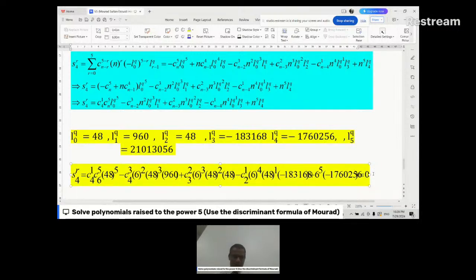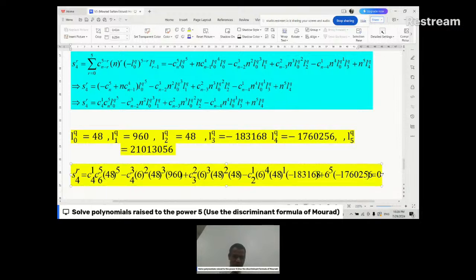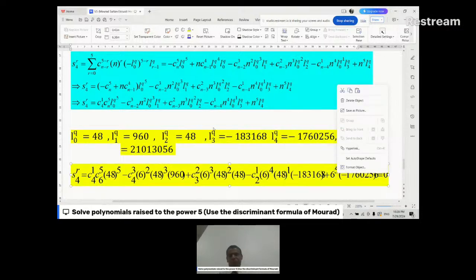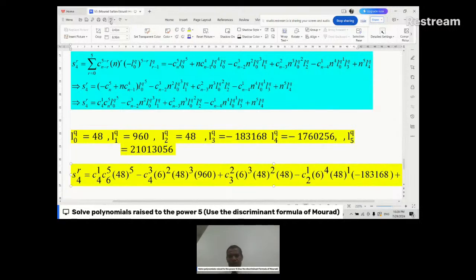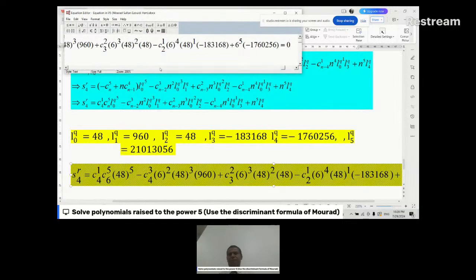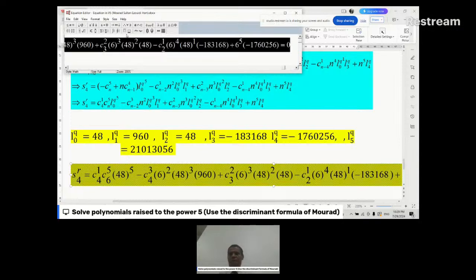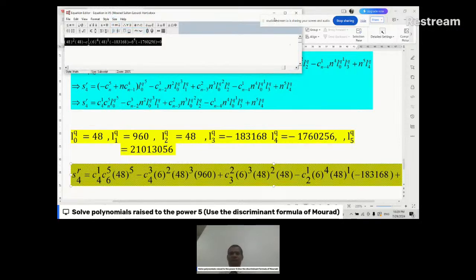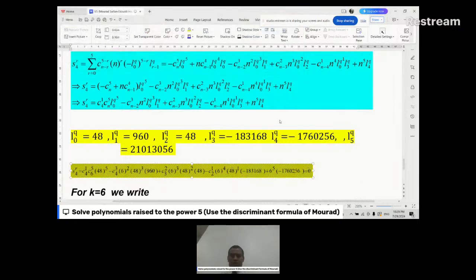Approximately it works. So we go back. I will check the size. Select all, size. Okay, that is okay. So learners, the value of S4 is equal to 0.